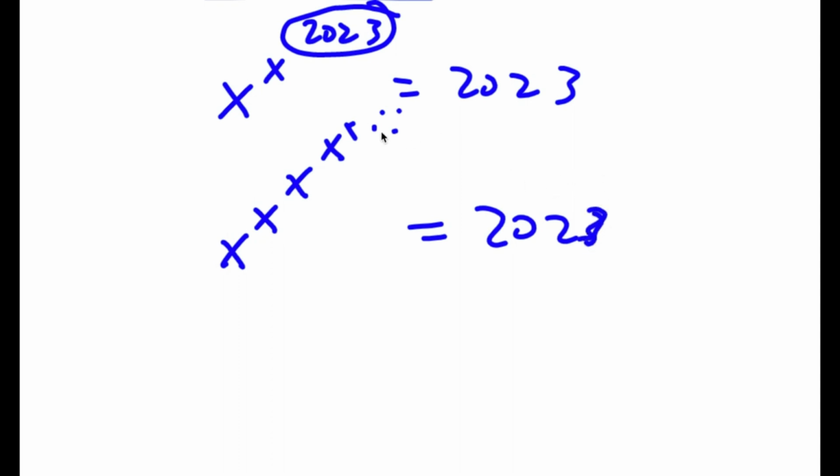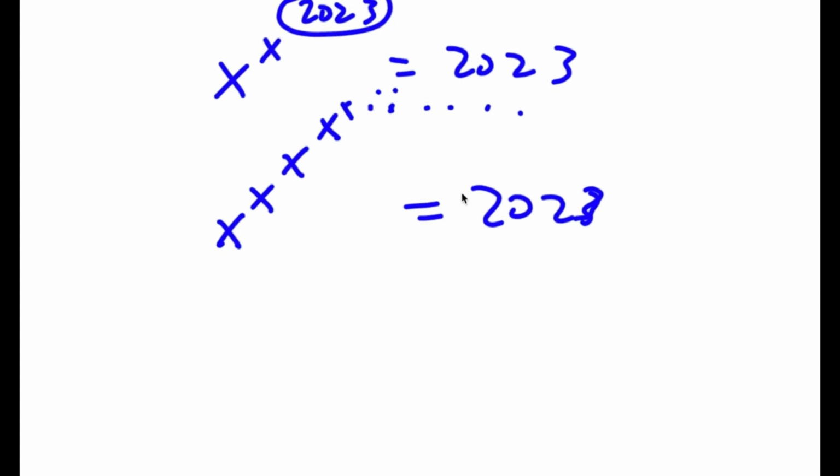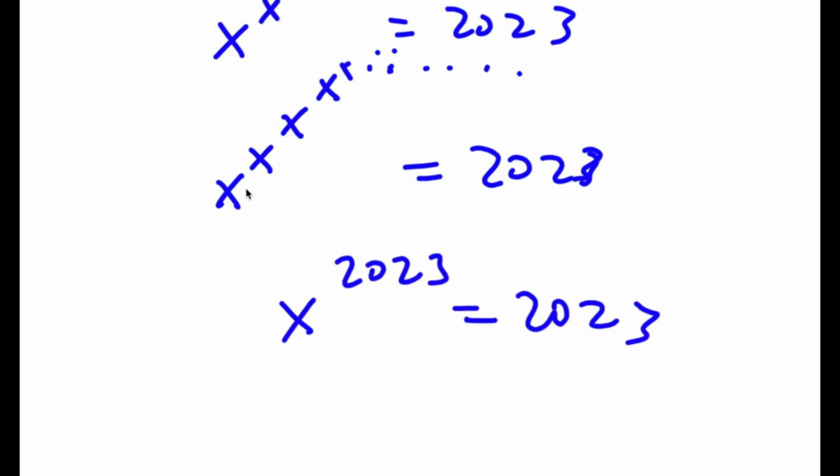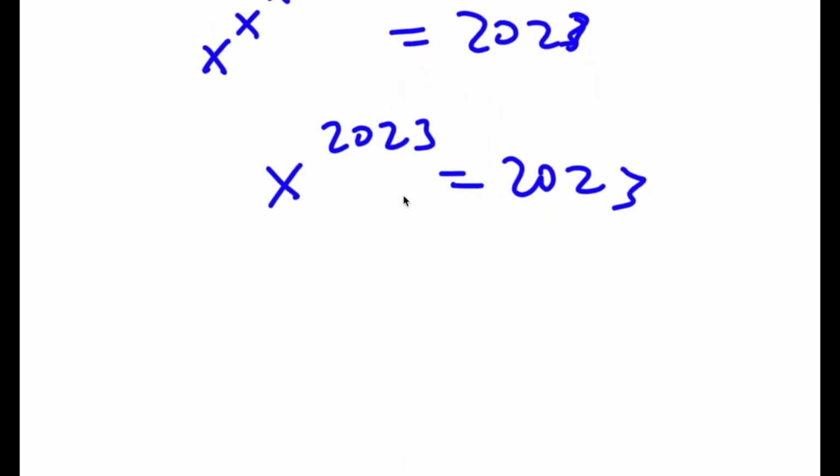So if it infinitely goes on and on, then I can just set this as x to the power of 2023 is equal to 2023. And I can set all these x's as simply just x. So now if this is true, I can simply take the power of 1 over 2023 on both sides.